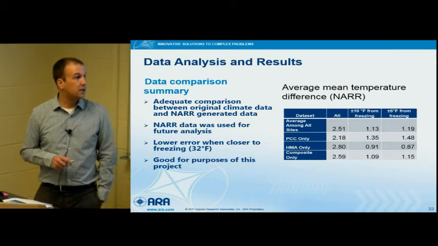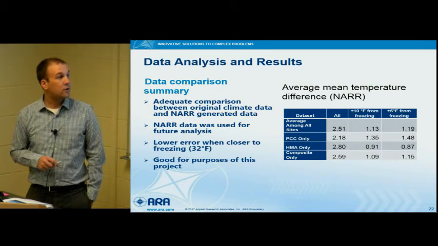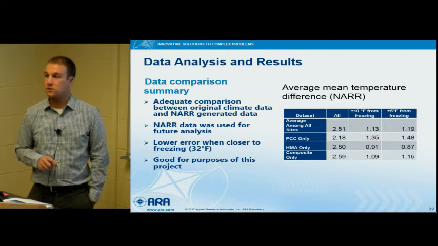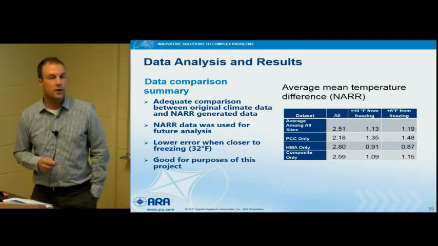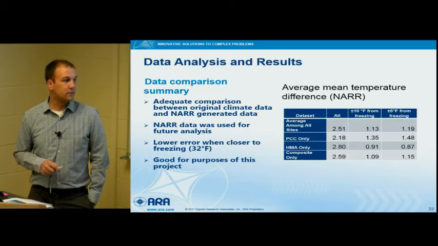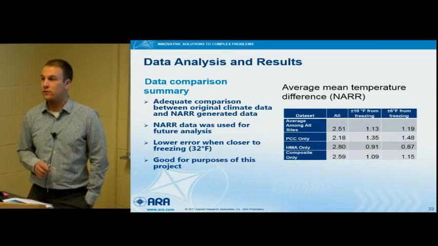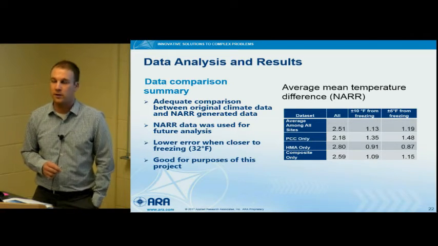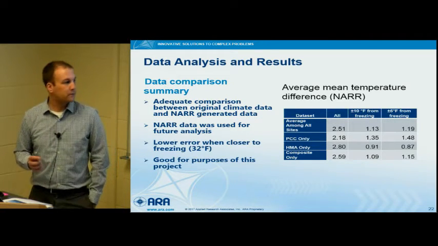As you can see here, we looked at the error for all temperatures. It's pretty low. We looked at plus or minus 10 degrees from freezing, and plus or minus 5 degrees from freezing. I split it up by PCC, HMA, and composite because that's what we had for this study. It's within 2 degrees for basically anywhere close to freezing, which is pretty good from a climatic standpoint.